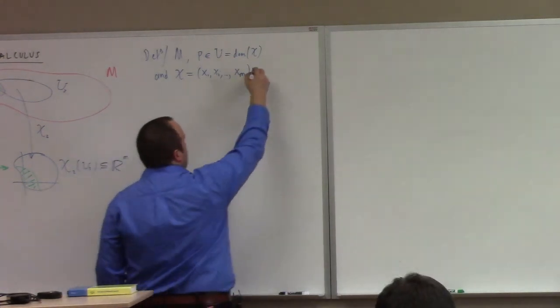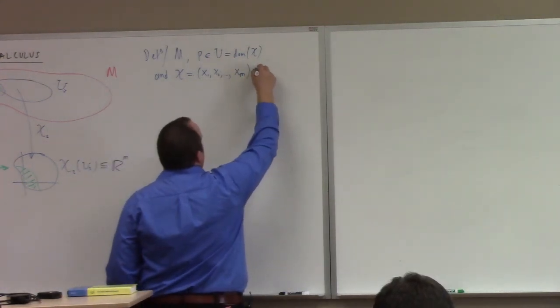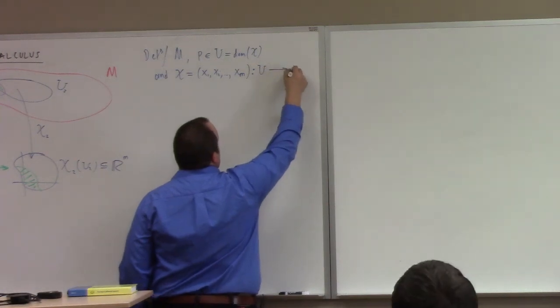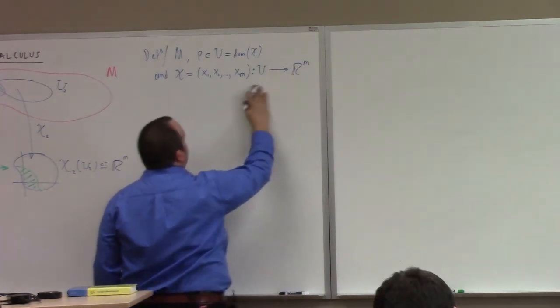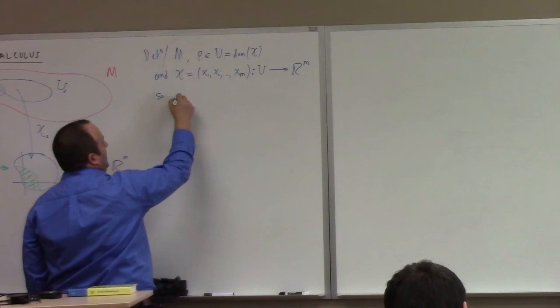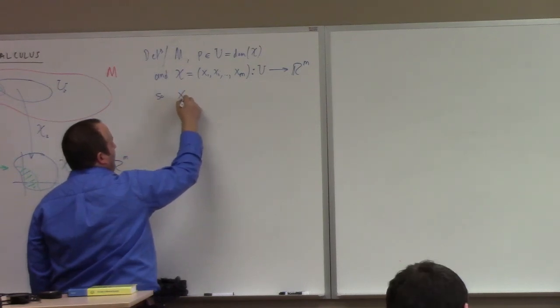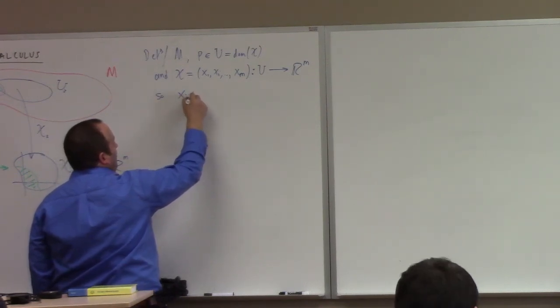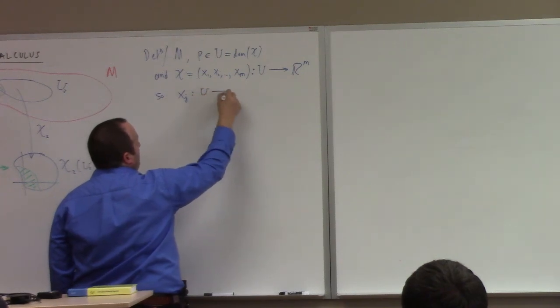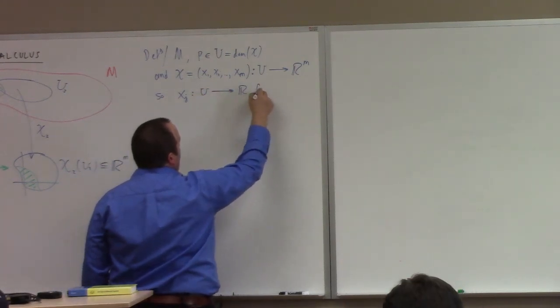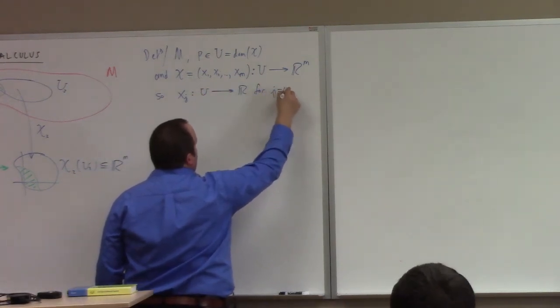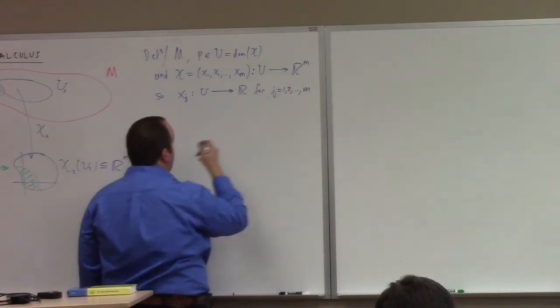So this is the coordinate chart. It's going from U to Rm, right? So x sub j is a mapping from U to R for j equals 1 to m.